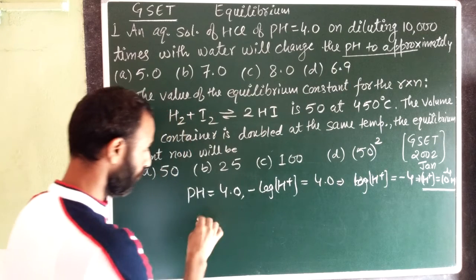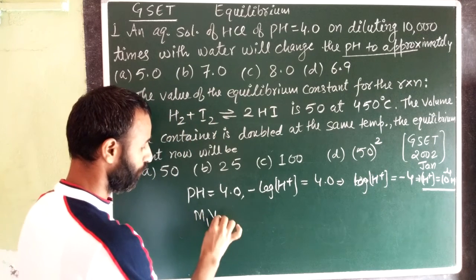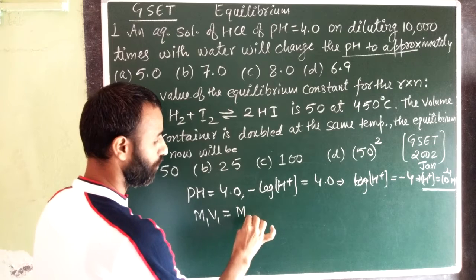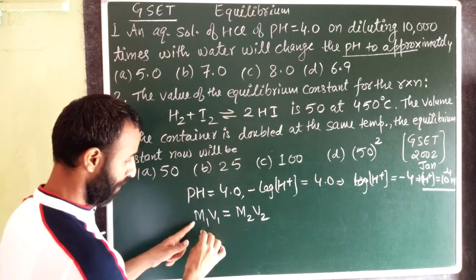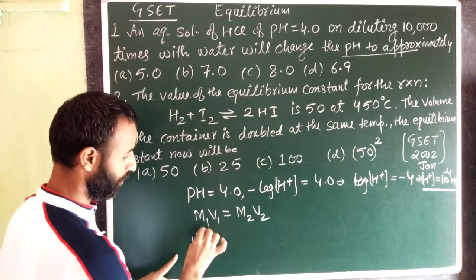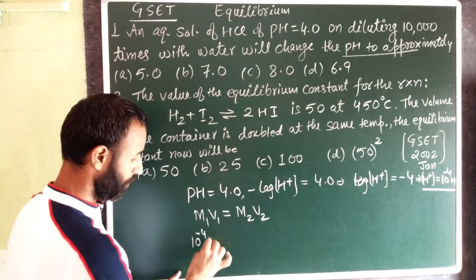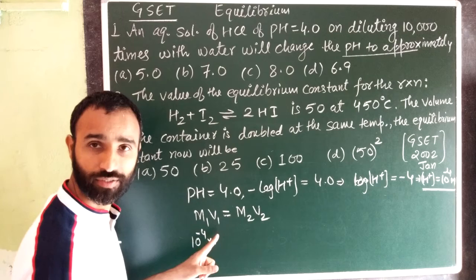Okay, so M1 V1 equals M2 V2. M1 is 10 raised to power minus 4. V1 is 1.